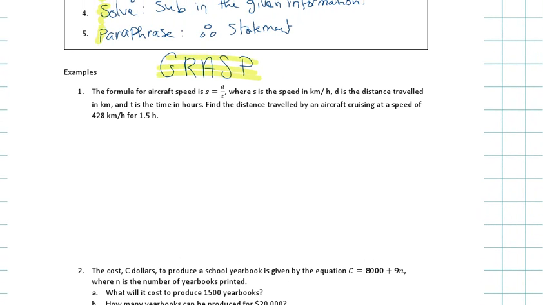Should we write that D is distance and stuff like that? No, you don't need to write that. Okay? So find the distance traveled by an aircraft cruising at a speed of 428 kilometers per hour for 1.5 hours.